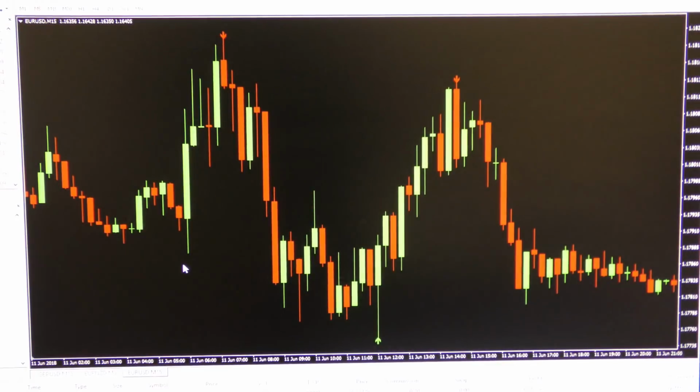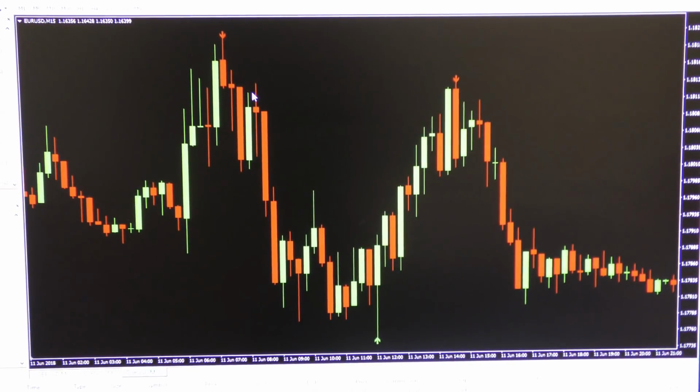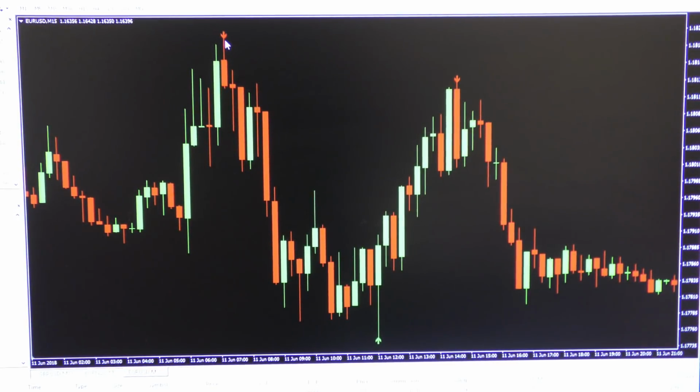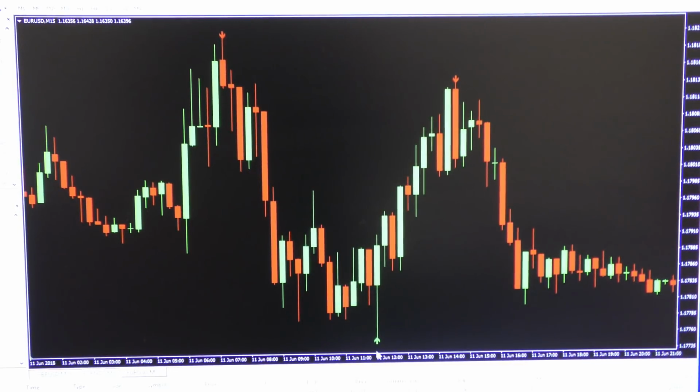So once you click OK, your chart will receive the arrows, and these arrows tell you when to buy and when to sell. So you will find these arrows at the top of the pivot high and the bottom of the pivot low.